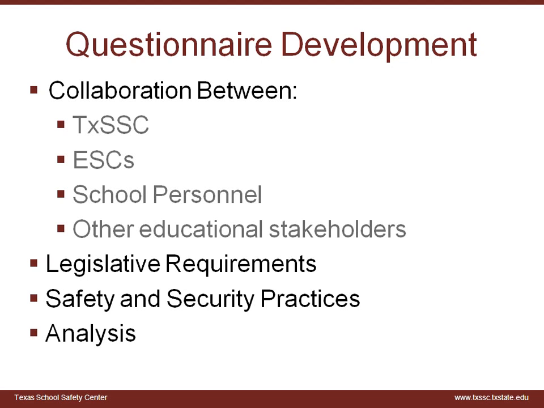And lastly, we collect demographic information from districts, which covers cumulative enrollment of districts as well as community type. These demographic questions help us to analyze the data and determine trends and differences between districts across the state and regionally.